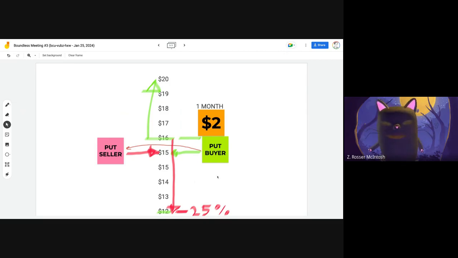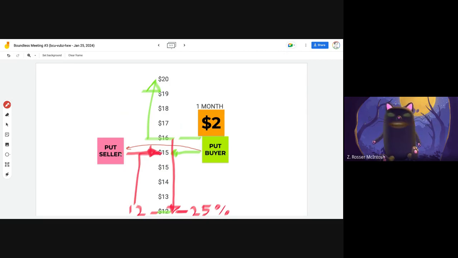We're still within that month before this contract expires. I can go to you and say, hey, the stock is down. The stock is at 12 right here. I want to sell it to you at 15.